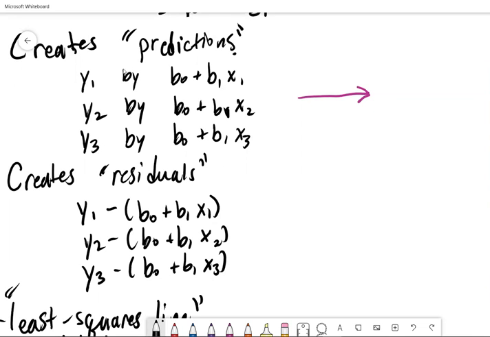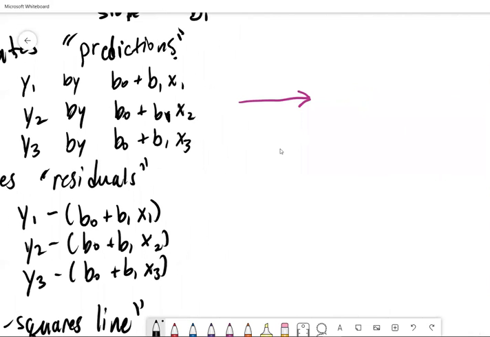Right now I've got a separate line for each observation. Now what I want to do is instead think about these ideas in terms of vectors. So instead, here's what I want to write.